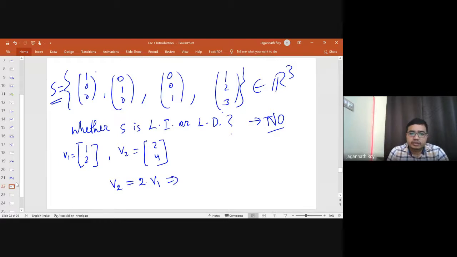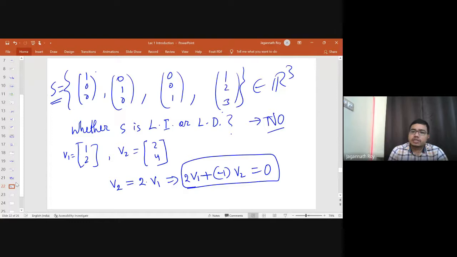So if you take 2 v1 minus 1 times v2 equals 0, this is a linear combination. Whenever they are dependent, at least one of k1 and k2 is non-zero, if you remember the definition from before. So whenever they are dependent, one vector can be written in terms of the other vector.